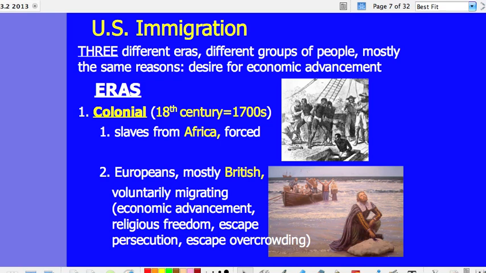All right, so the first era of migration to the United States would be the Colonial Era. This is during the 18th century, which are the 1700s. Two groups of people migrated to the United States. One were the slaves that were forced to migrate from Africa. So this was not their choice.